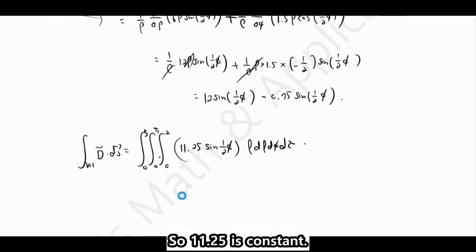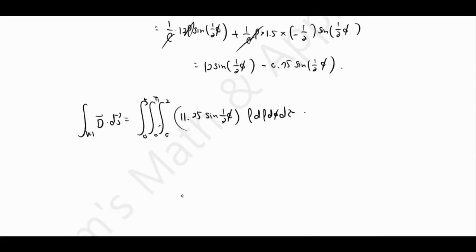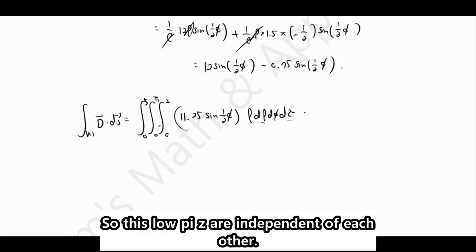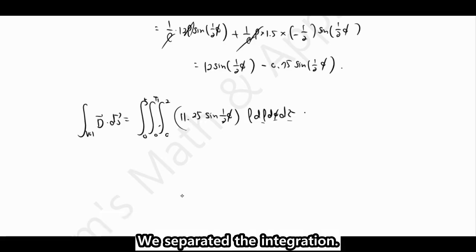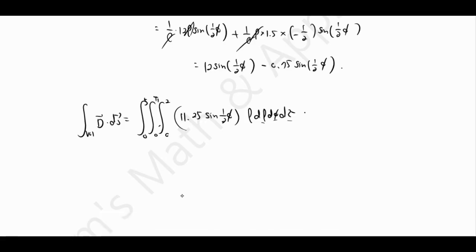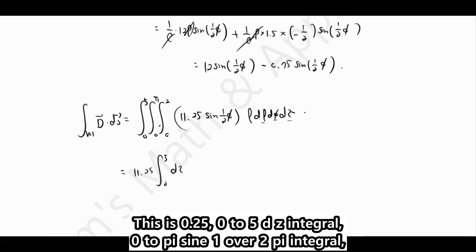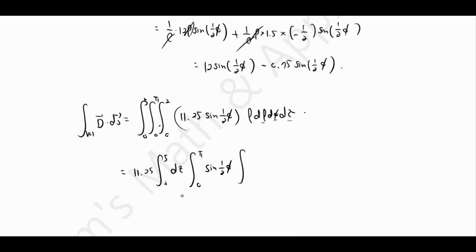So 11.25 is a constant. Rho, phi, and z are independent of each other, so we separate the integration: 11.25 times the integral from 0 to 5 of dz, times the integral from 0 to pi of sine(1/2 phi) d phi, times the integral from 0 to 2 of rho d rho. This integration is 5.